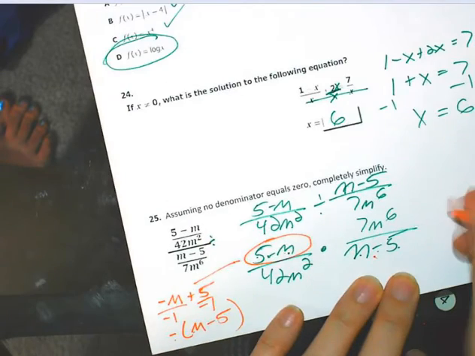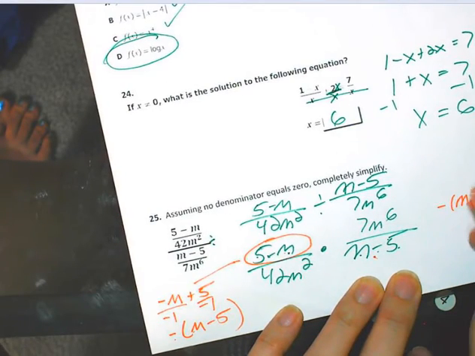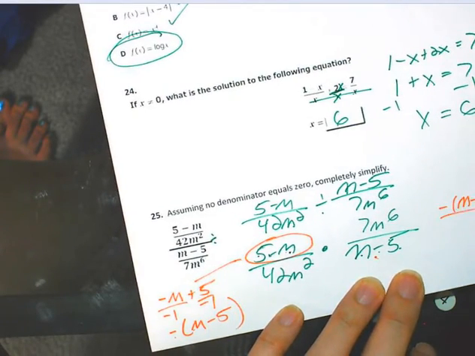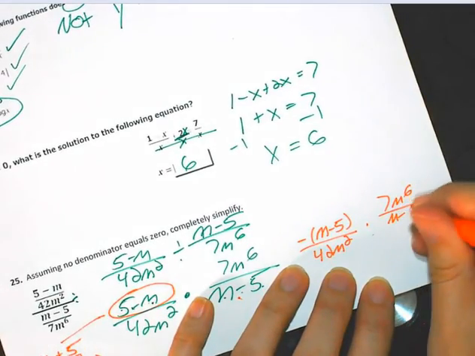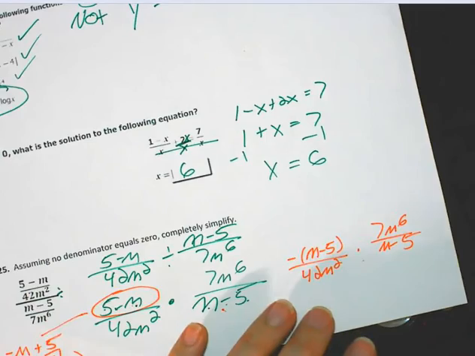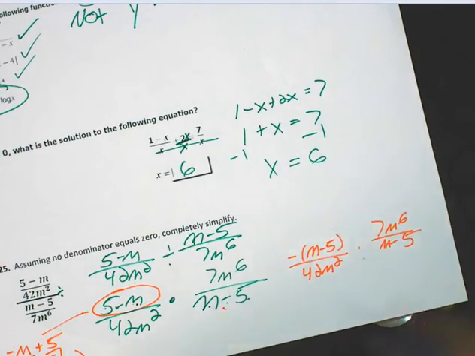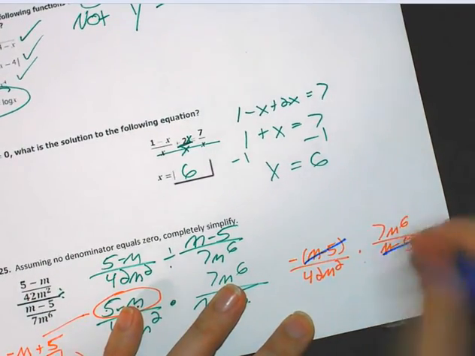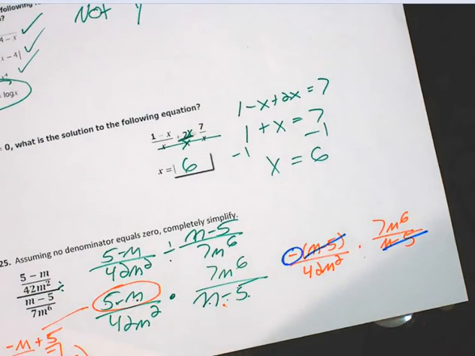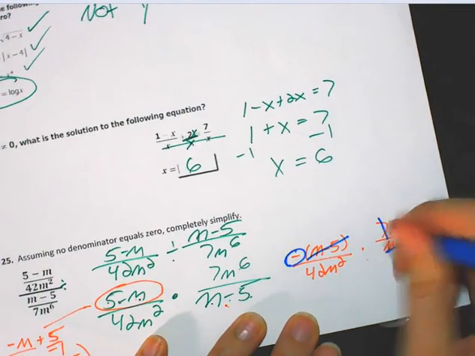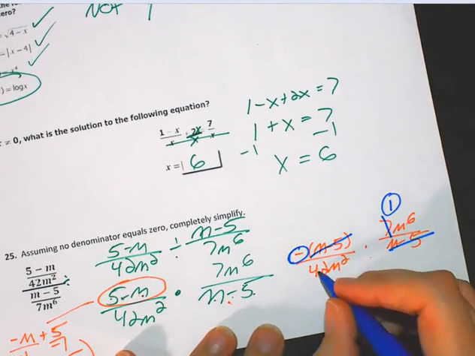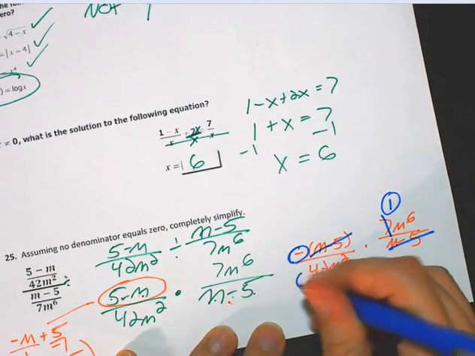So I'm going to write negative, m minus 5 on the top over 42m squared times 7m to the 6th over m minus 5. Now you can start crossing out. I have the m minus 5, m minus 5. Notice I still have the negative. The 7 and 42: 7 goes into 7 once, so I have a 1. 7 goes into 42 6 times.